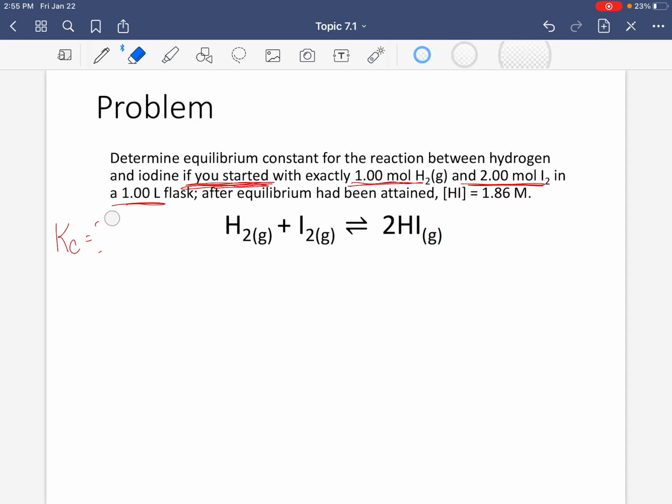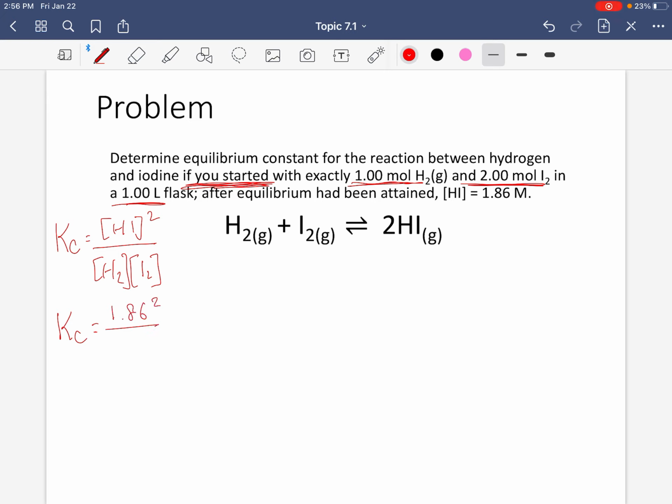Let's write the expression first. We know that it's going to be Kc equals HI squared divided by H2 times I2. That's for sure. Kc is equal to 1.86 squared divided by, what is this going to be? Because I didn't say at equilibrium what H2 is, or what I2 is.